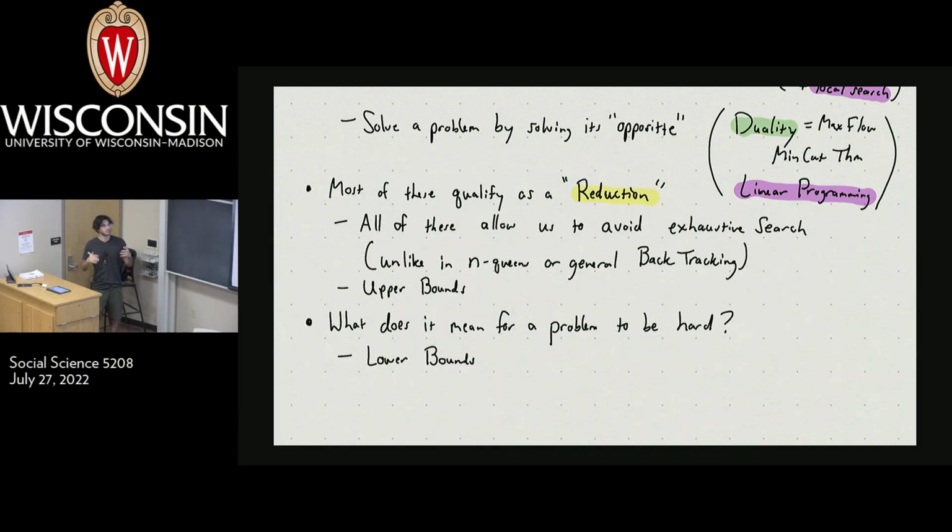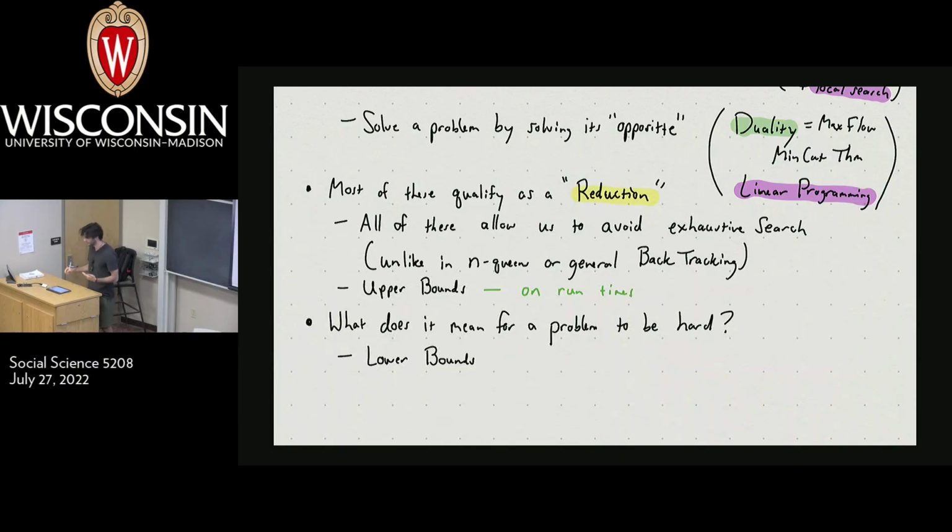So we have to literally search the entire tree or risk failing the problem. So that's the difference for general backtracking. General backtracking is a technique in the course you can use to solve problems, but it does not guarantee efficiency. You can solve it, but not fast. And in general, all of this gives you upper bounds, specifically upper bounds on runtimes.